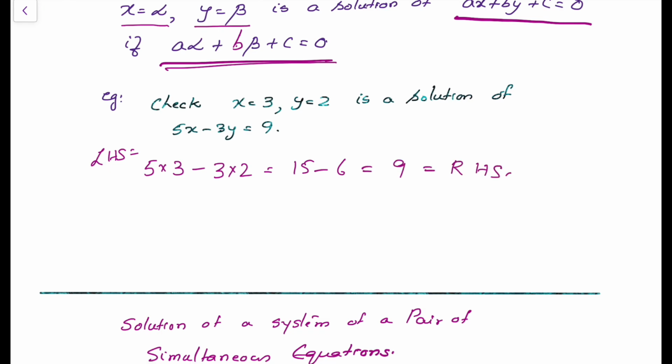So it is satisfying. Therefore x is equal to 3, y equal to 2 is a solution. Solution, in other words, means all the points on that line will be a solution of that line.